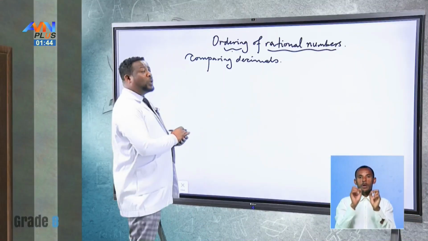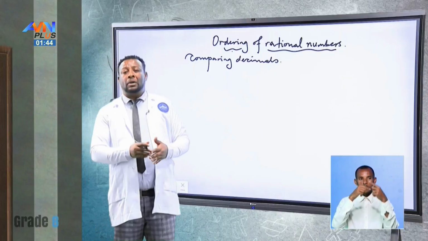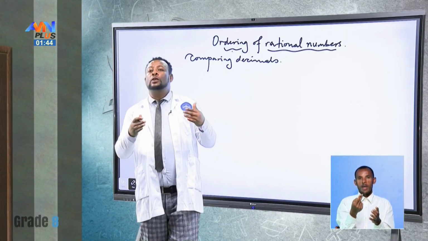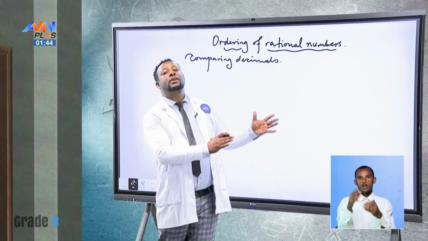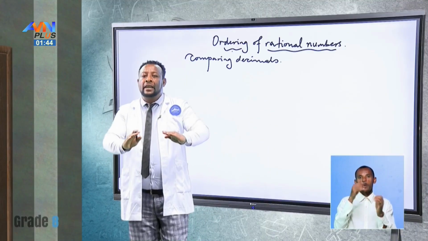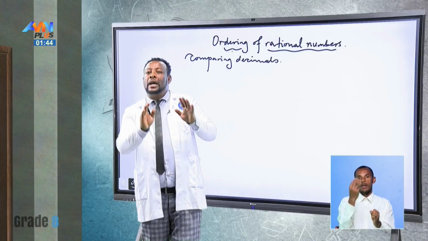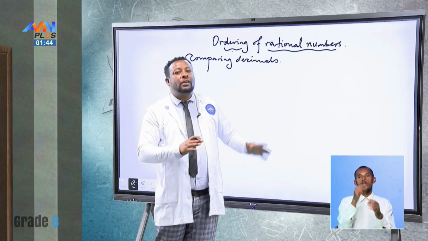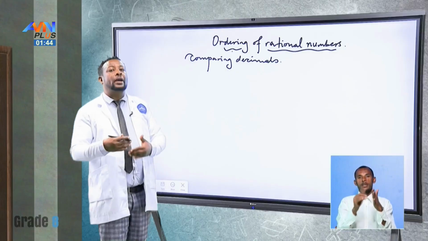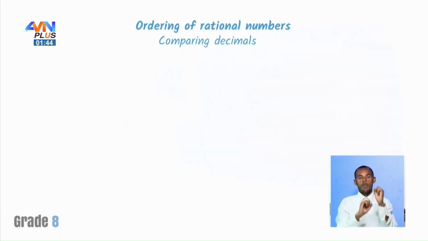When we come to comparison of decimals, we usually apply the procedure that we used for comparing other numbers. Comparison of decimals can take the principles used in comparing other numbers. So let's see some examples on how we can compare decimals.